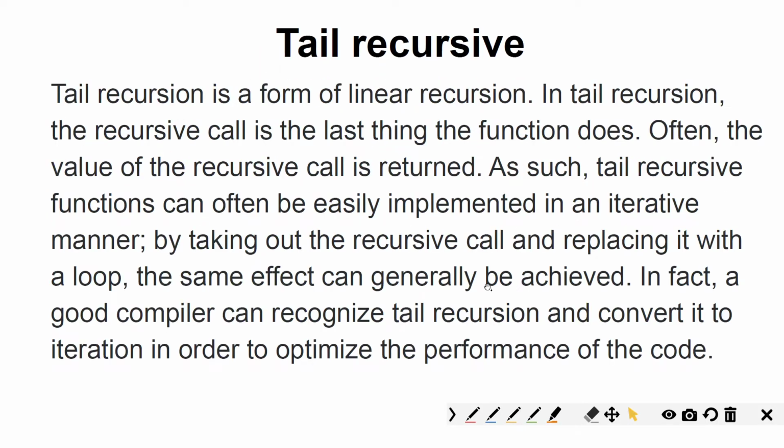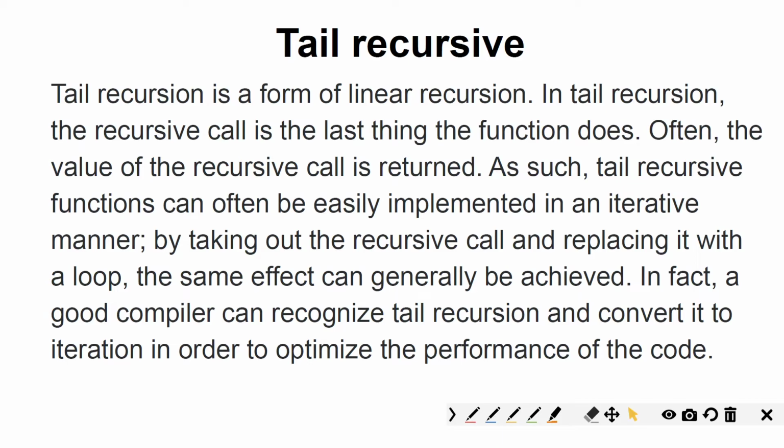And now we need to move deeper. There are tail recursive functions. Tail recursive is a form of linear recursion. In tail recursion, the recursive call is the last thing the function does. Often the value of the recursive call is returned.